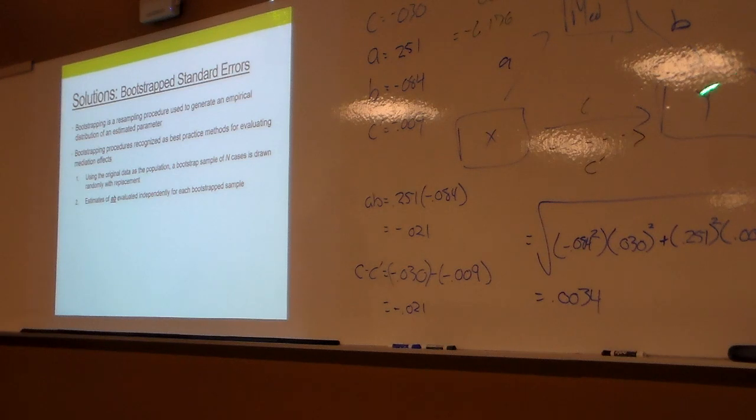So I'm going to run this analysis and I'm going to calculate AB. And then I'm going to do steps 1 and 2 again for, say, 500 times or 5,000 times. So from my original sample of 300, I'm going to draw 5,000 bootstrap samples with replacement from this original sample of 300, okay?